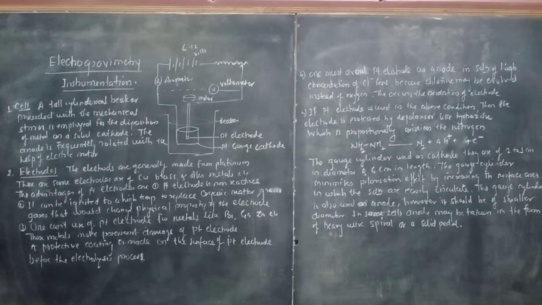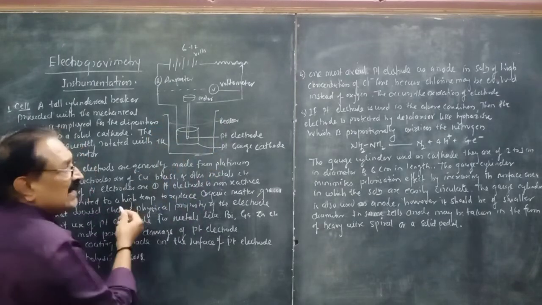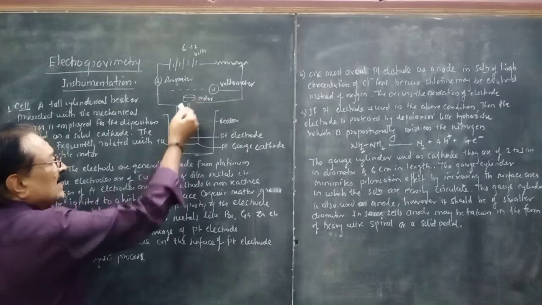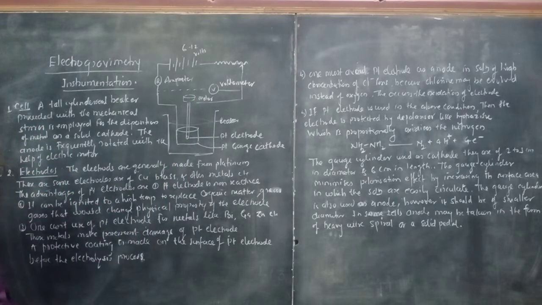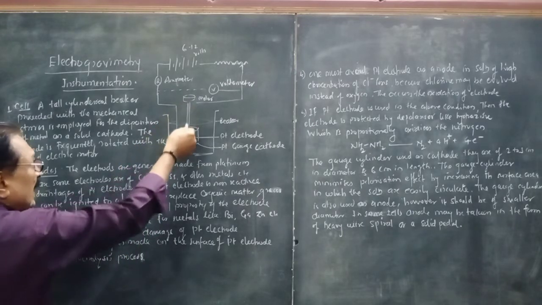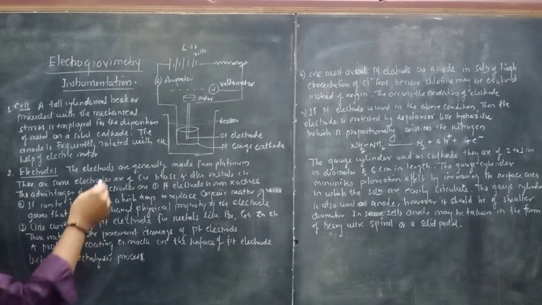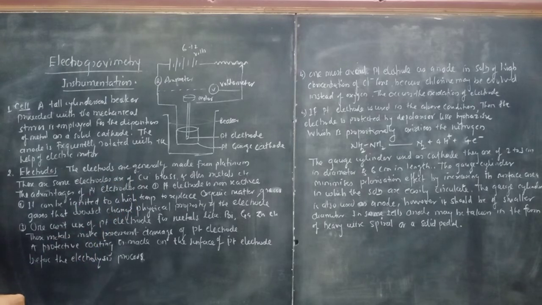First, we go for the cell that is used. A cell is a tall cylindrical beaker provided with a mechanical stirrer. I have shown it here: this is a tall beaker, and this is the mechanical stirrer. The stirrer is connected to the motor, so that with the help of electric current, when the motor starts to rotate, the stirrer is also continuously stirring in the cylindrical beaker.